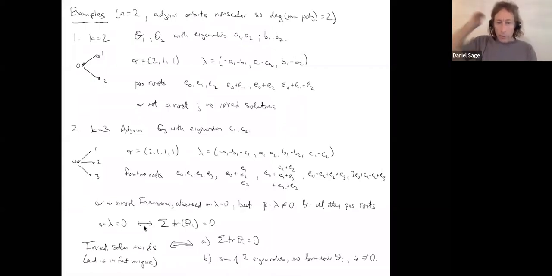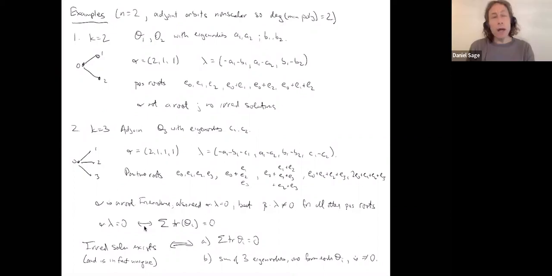I'm not sure that that is actually known in general. I could be wrong about that. It's certainly not in Crawley-Boevey's original paper, as far as I know. It's a good question, I just don't know the answer.